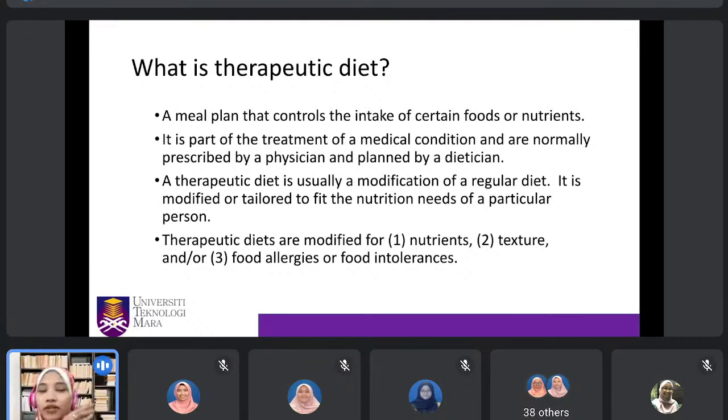It is modified to tailor or fit the nutritional needs of a particular person depending on their clinical nutrition situations. Therapeutic diets are modified mostly for three major parts: the first is for the nutrient contents, for the texture, and or for food allergies or food intolerance.